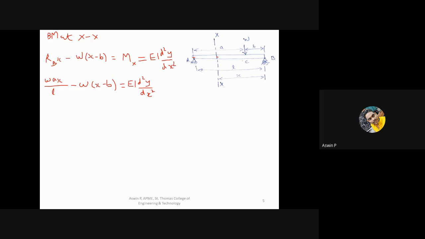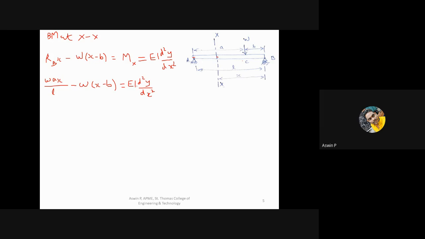After that, you need to get the slope equation as well as the deflection equation. And you know that when you differentiate slope with respect to x, you will get bending moment. So if you want to find the slope, you need to integrate it with respect to x. And when integrating slope with respect to x, you will get deflection. That's the basic term.